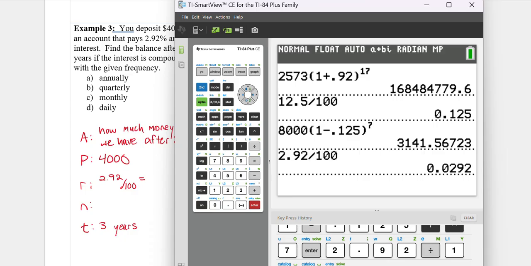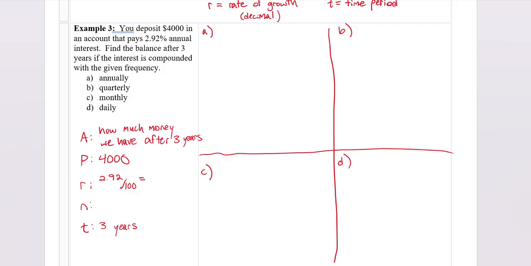What I often see people do is when you're dividing like a single digit interest number, like 2 or 3 or 5, they want to write it as 0.5 instead of 0.05. That is a very common mistake. Make sure you don't do that. So we have to write our R value like this, 0.0292.